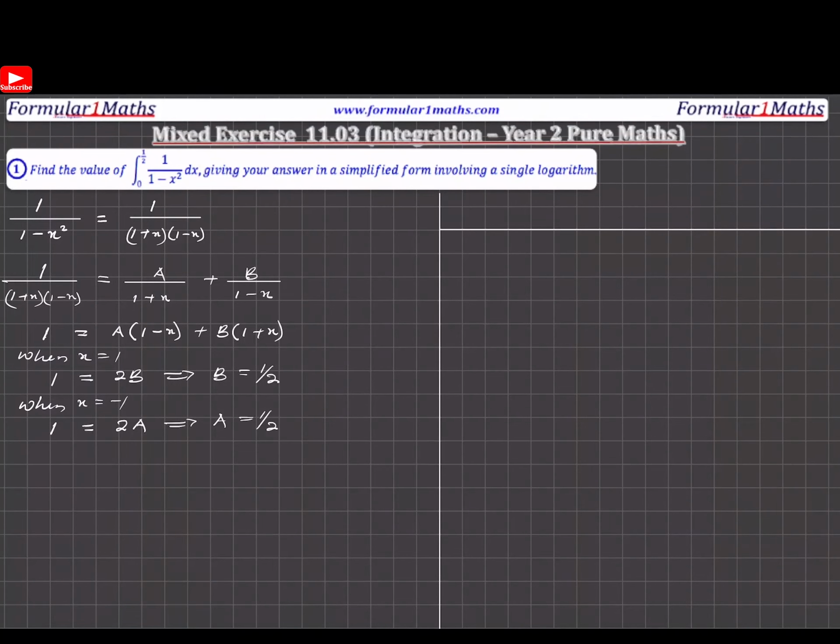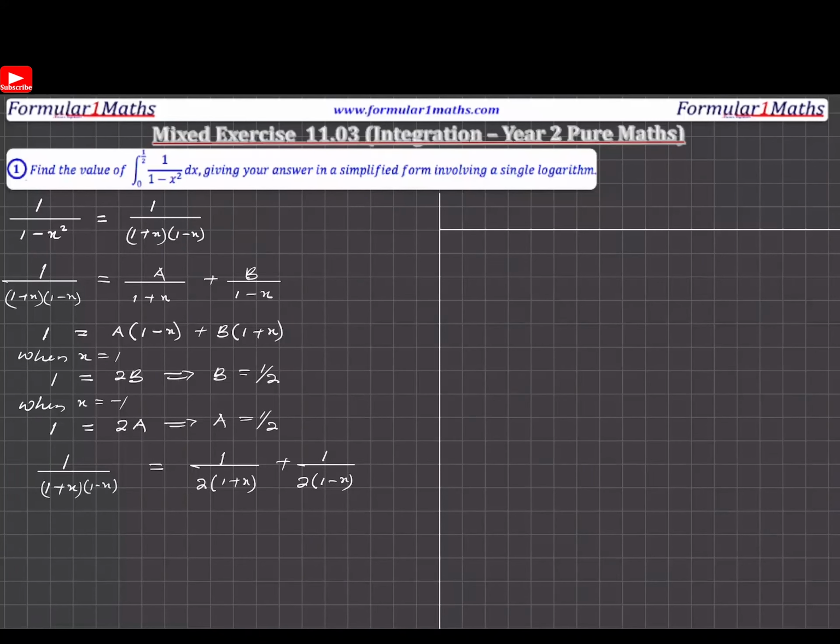So the required partial fractions are as follows. 1 over 1 plus x, 1 minus x will be equal to 1 over 2 times 1 plus x plus 1 over 2 times 1 minus x.